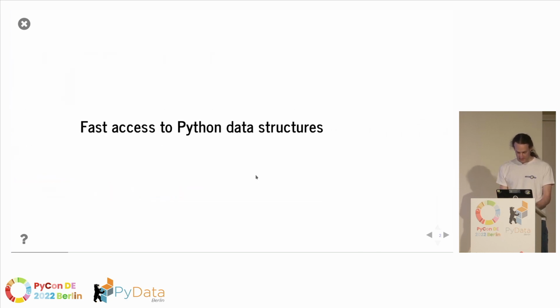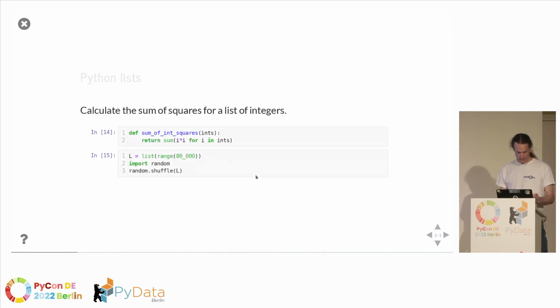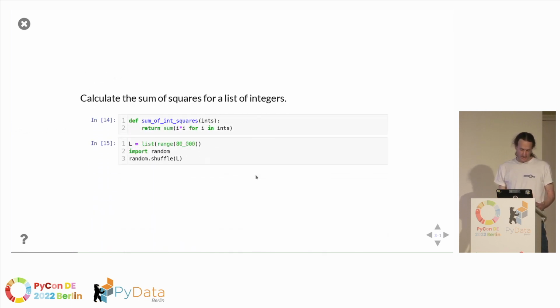Fast access to Python data structures. So in this talk, we'll see how to use C data types, C containers, but also how to have a faster way to use Python data types, right? And we'll start with Python lists. So let's say we want to sum up the squares of a list of integers.